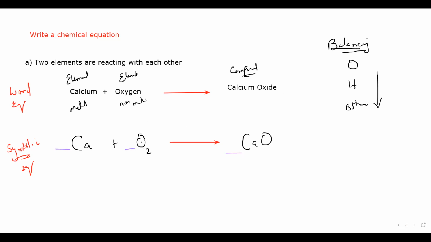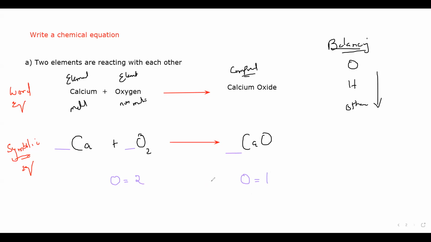How many total oxygen are there on the left hand side? 2. And how many oxygen are there on the right hand side? 1. So how can I balance the oxygen number?